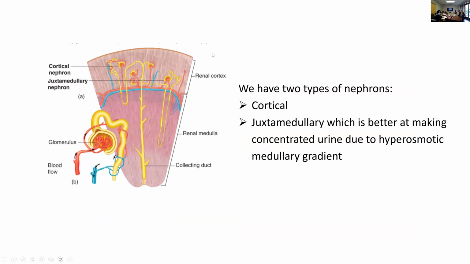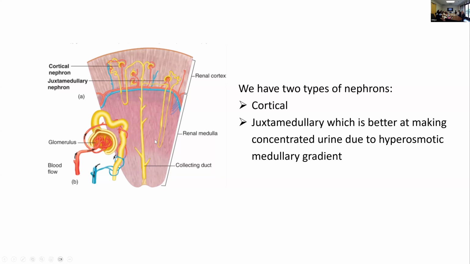So the next is we have two types of nephrons. One is a cortical nephron, as the term indicates, the cortex, they are present mostly in the cortex. And the next one is the juxtamedullary nephron. And the juxtamedullary nephron plays an important role in concentrating the urine.